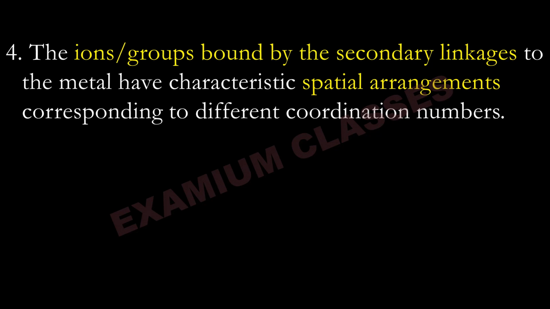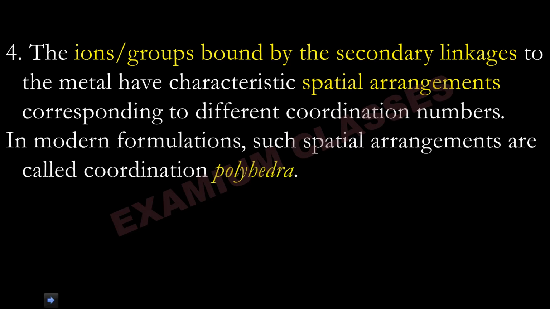Do you remember that? If we have 6, it will be octahedral or square bipyramidal. Whether you say square bipyramidal or octahedral, it is the same thing, and the same logic will be applied here as well.